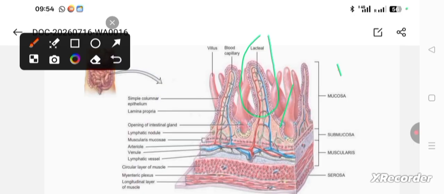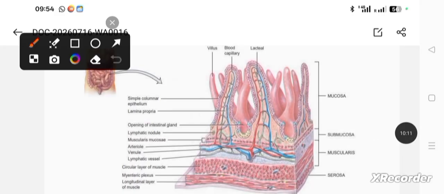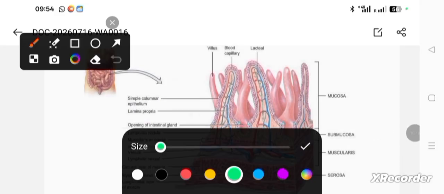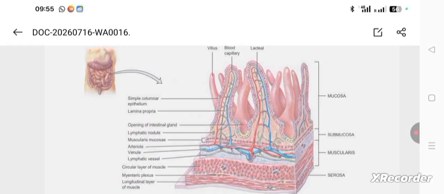It has these features, and because of that we understand this lacteal is very important, and it opens into the lymphatics. Near it we'll also see blood vessels. And this is the mucosal layer, and villi are there, which are lined by columnar epithelial cells, known as enterocytes. This is the mucosal layer and these are its special features.